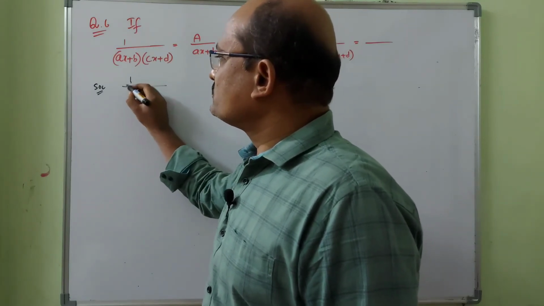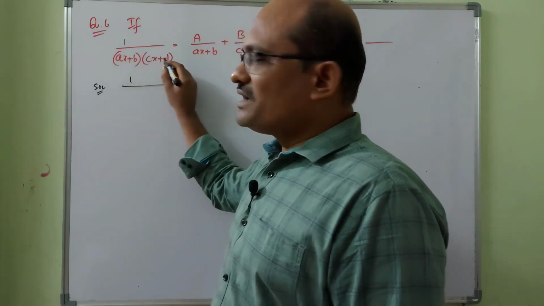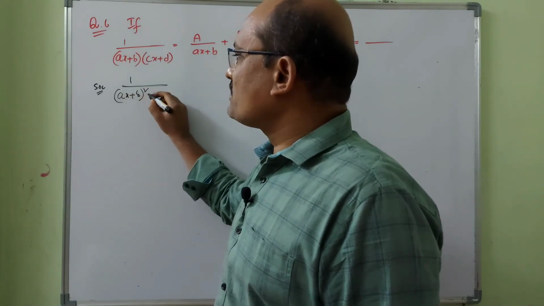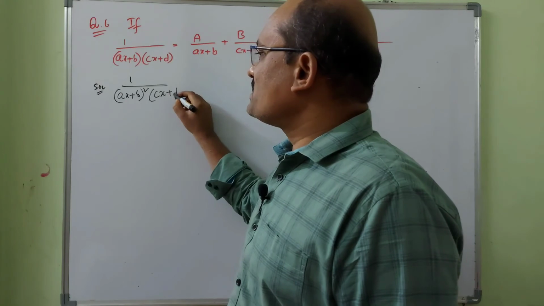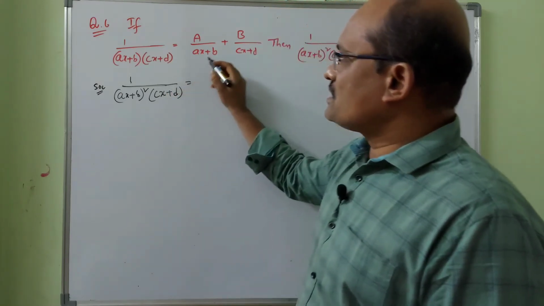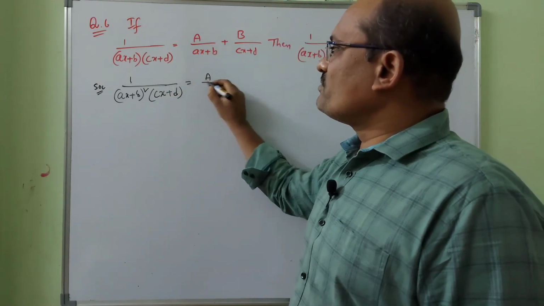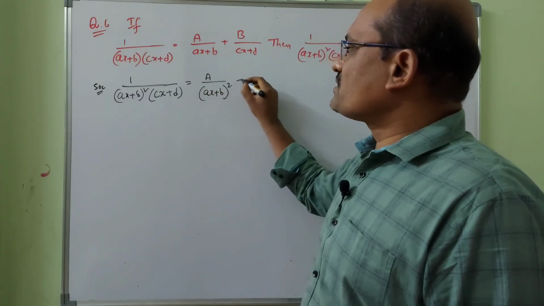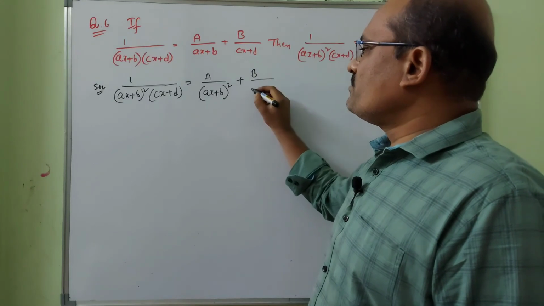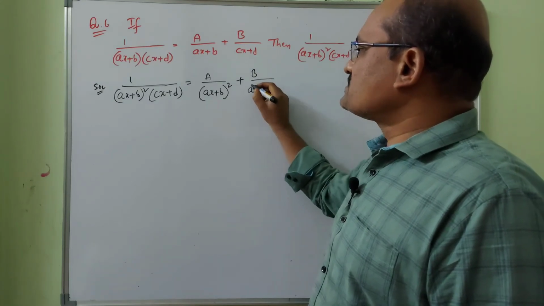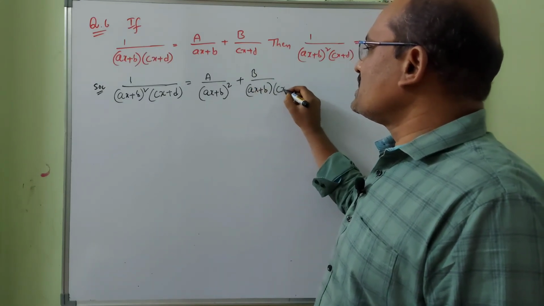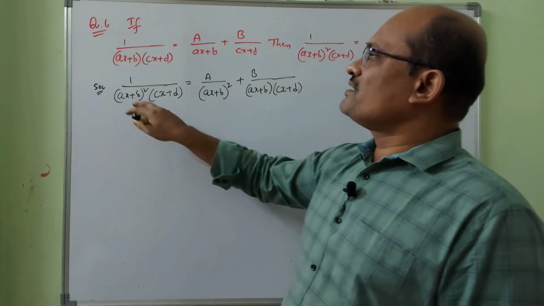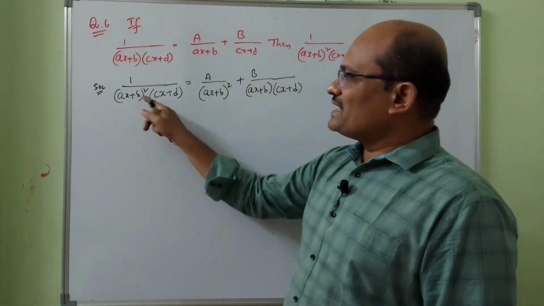If you multiply by 1 by (ax plus b) here, you will get 1 by (ax plus b) whole square into (cx plus d). Here also, if you multiply, you will get 1 by (ax plus b) whole square plus b by (ax plus b) into (cx plus d). What I did was multiply on both sides by 1 by (ax plus b).